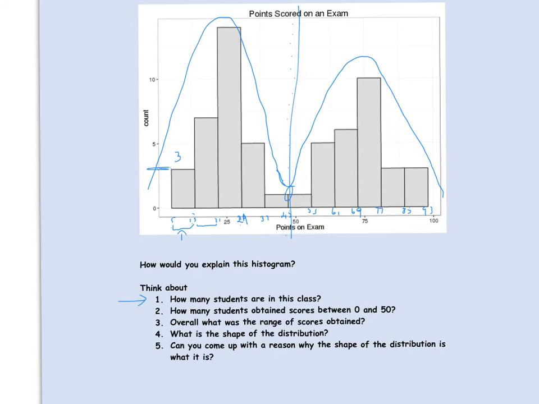And the number of students that fall into that range of scores is about, let's say, 7. We're looking at the third rectangle. The number of students that fall within the range of values 21 through 29 is about 15.